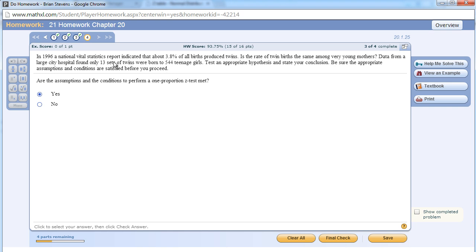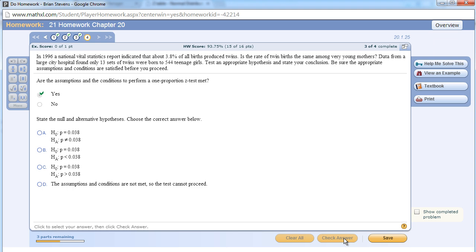And we need at least 10 expected successes and at least 10 expected failures, which would be 3.8 times 544. And I don't like that they don't mention randomly selected or independently selected. The problem should state that, and on the test, it needs to state that to be true.